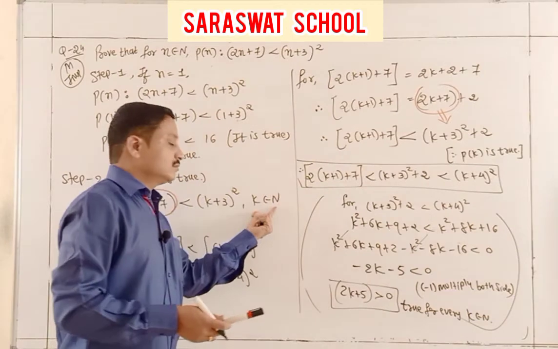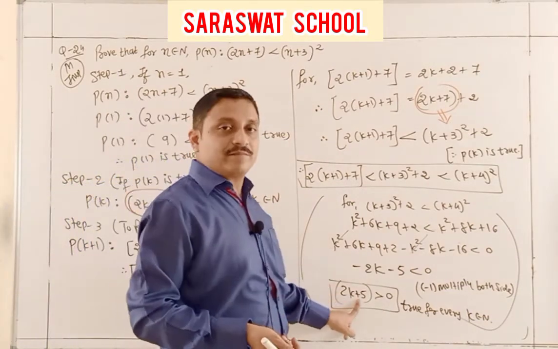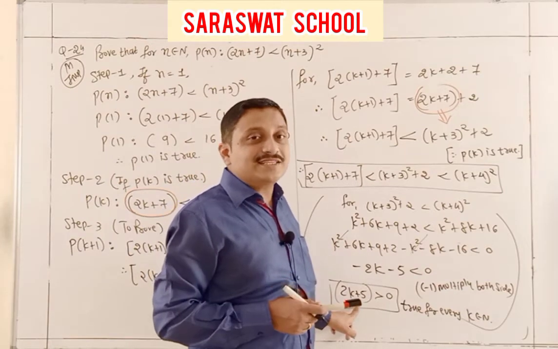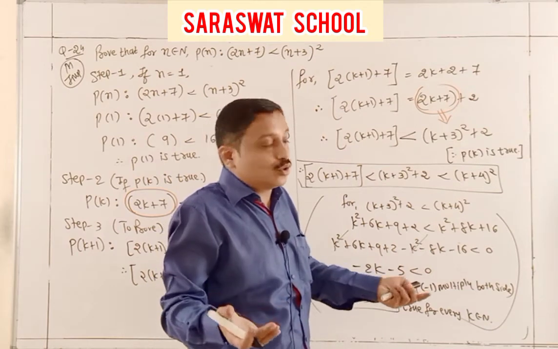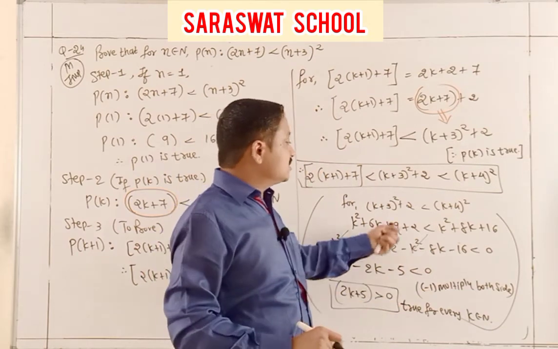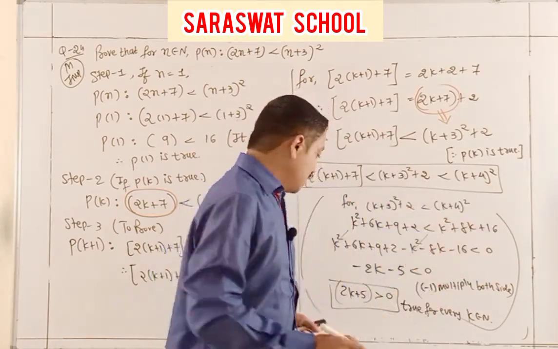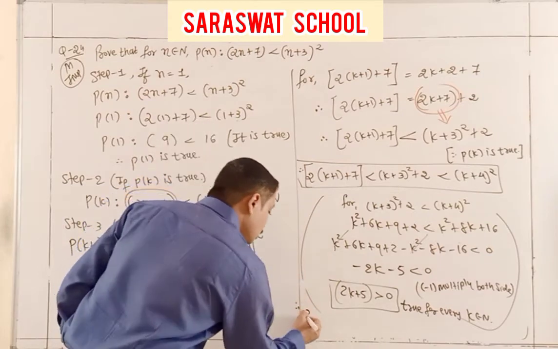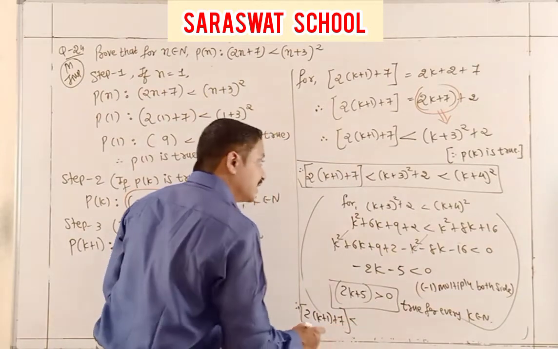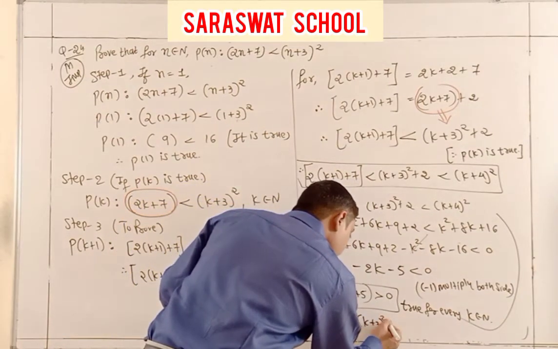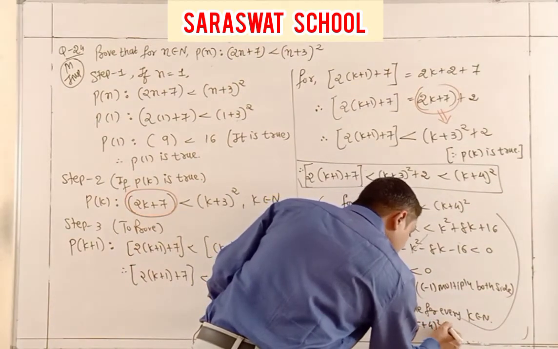Check: it is true for every natural number. Just like k equal to 1, you get 7 greater than 0. For 2, 4 plus 5, 9 is greater than 0, true. It means this statement is true, it means this statement is also true. So last I write: therefore, 2(k plus 1) plus 7 is less than (k plus 3) whole square plus 2, which is less than (k plus 4) whole square, true.